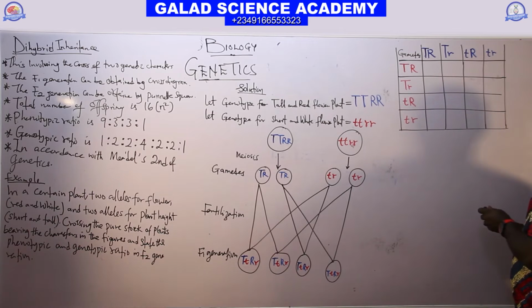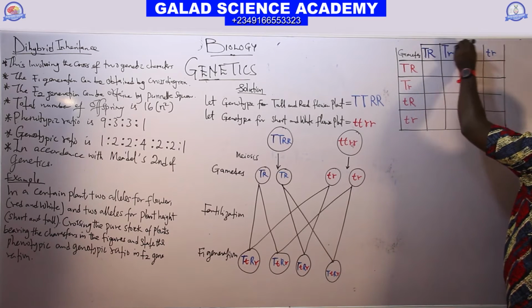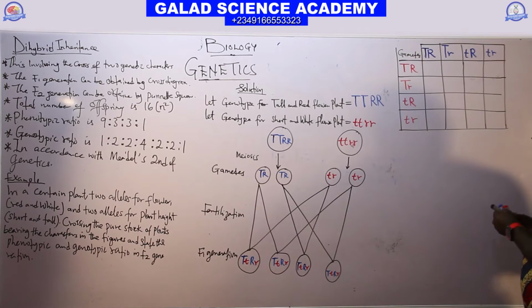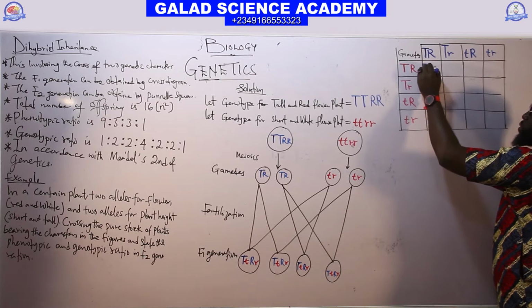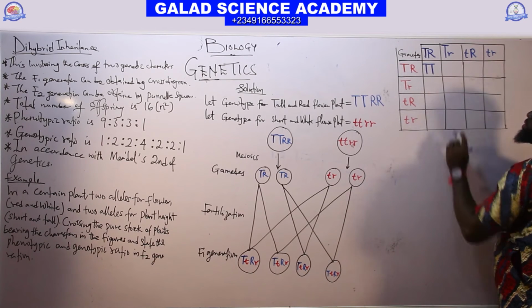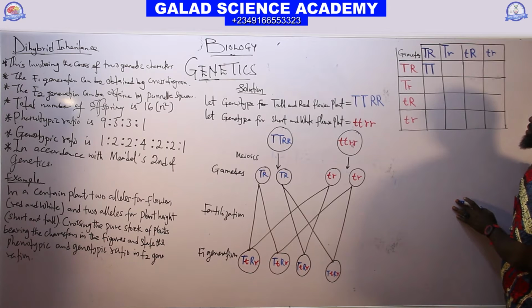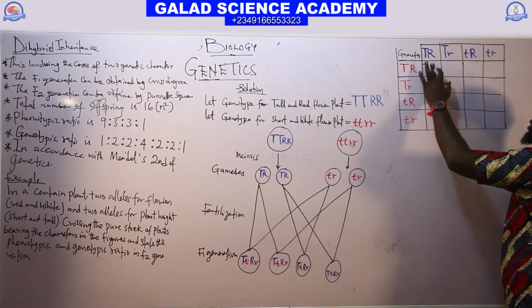So let us look at the breeding. For this now, we will try T times T, which will give us 4.